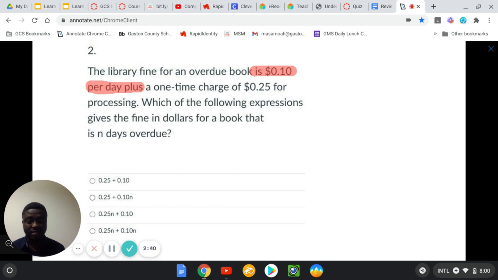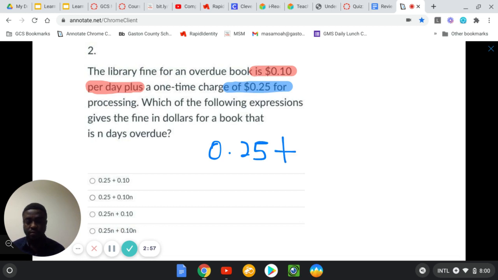So you have to pay a one-time fee. This is a constant. All the time, the flat rate and the one-time fees are what you call the constants. So 0.25 is a constant fee.